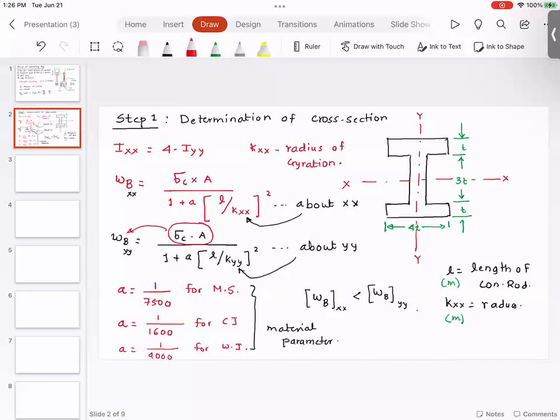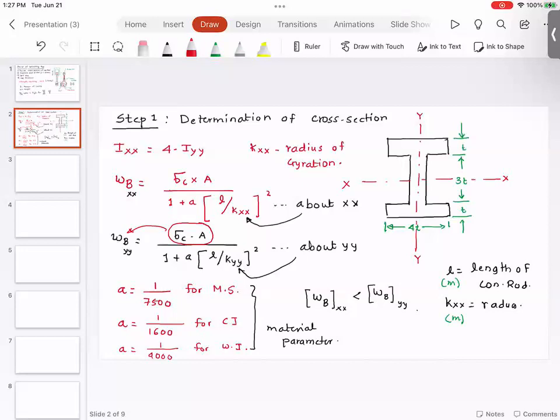Now stress multiplied by area, sigma c times A, you are dividing that by this factor which deals with the material resistance to buckling. It also depends on how long or tall the structure is, because please try to understand, the longer the structure, its buckling strength reduces because it will buckle under much less load. If you have a compact, short structure, then it has higher buckling resistance.